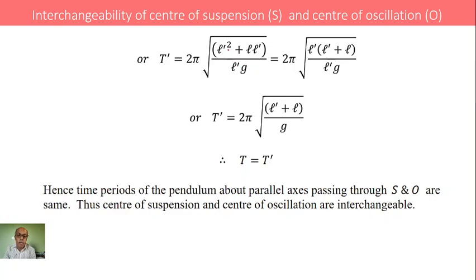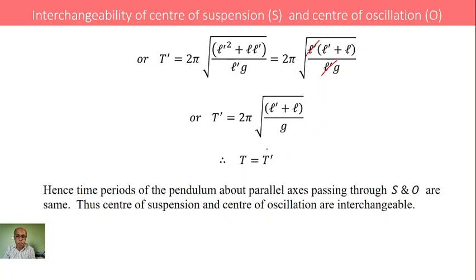Taking one L dash common in the numerator and cancelling that with the one in the denominator, we get 2 pi into square root of L dash plus L by g, and this is equal to T.